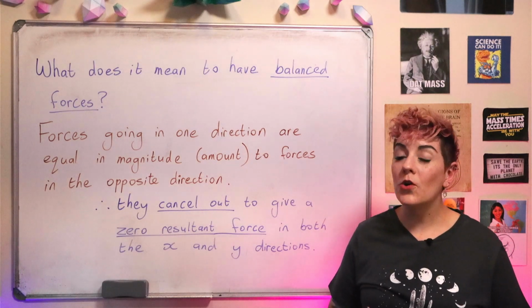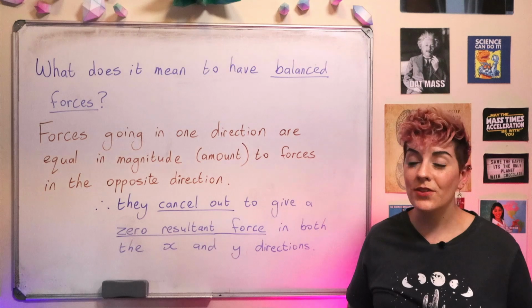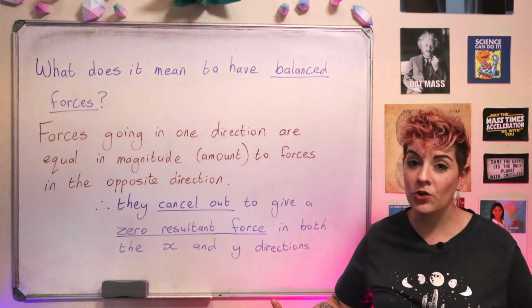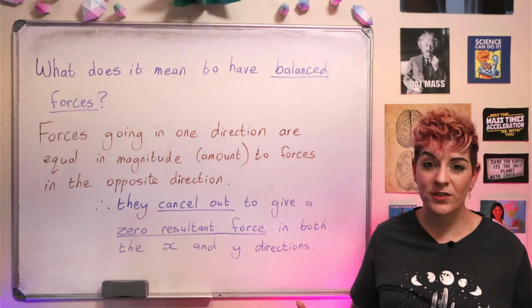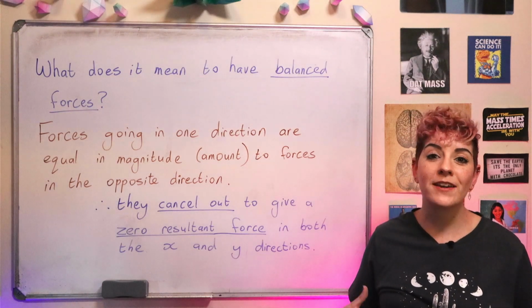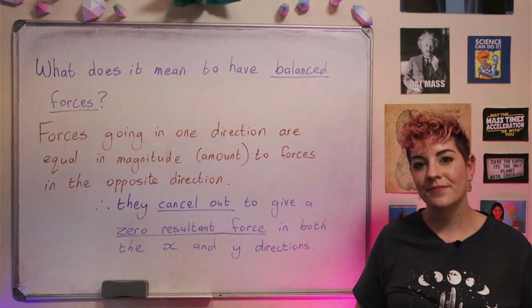Now, you will know a system is in equilibrium because the story will usually tell you that the system is in equilibrium, or they will tell you that the object is remaining at rest or stationary or moving at a constant velocity. Let's look at an example now.